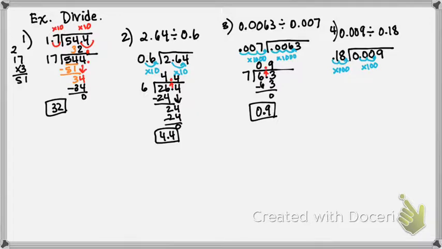All right, so now let's rewrite this problem. Now we have the whole number 18, and that's going to divide into 9 tenths. So we bring the decimal point straight up into the quotient, and let's see what we get. 18 can't go into 0. 18 can't go into 9, so I'm having to put zeros into my quotient before I can actually annex a 0.